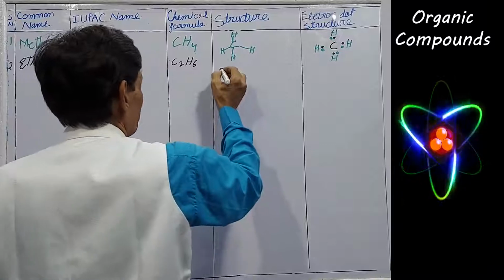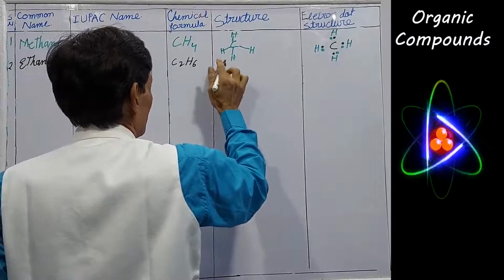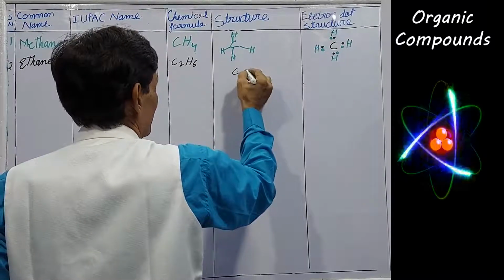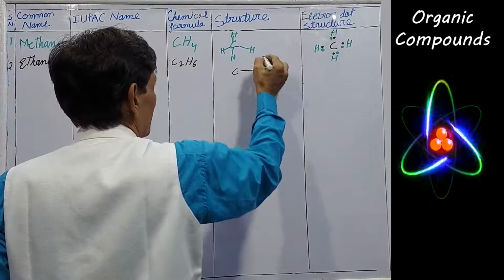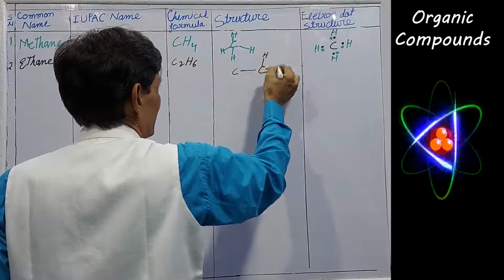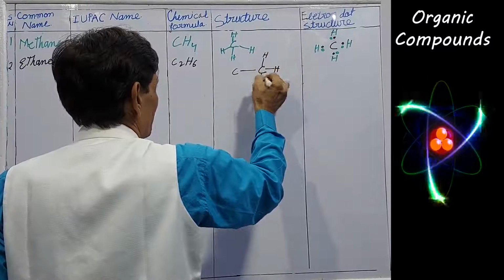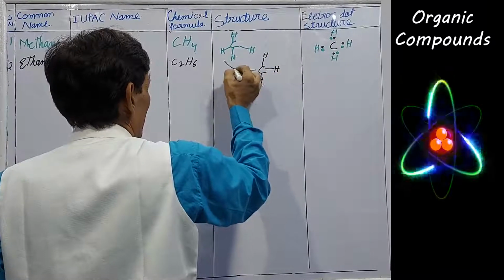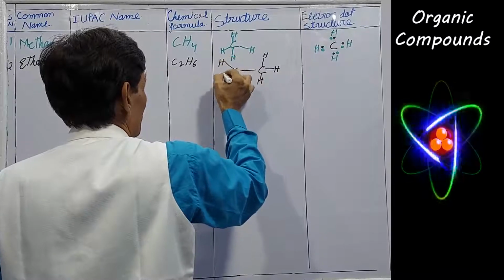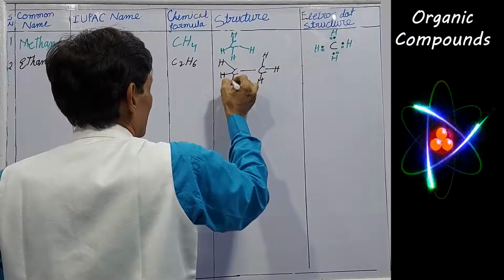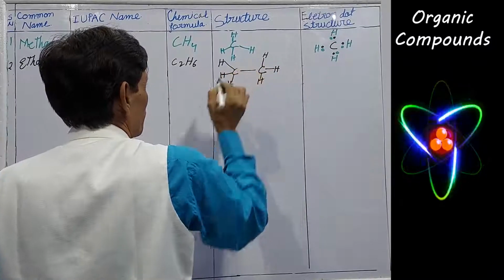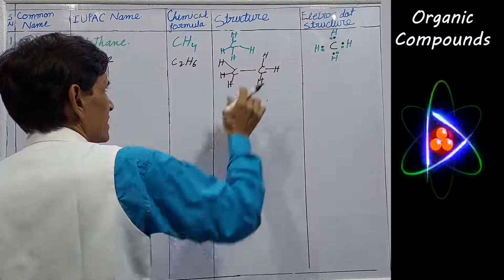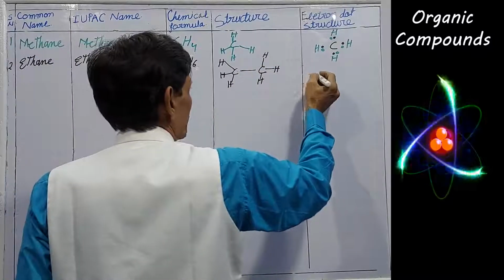Its structure is like this, with tetravalent carbon: 1, 2, 3, 4. Then all 4 valencies are satisfied by single covalent bonds.